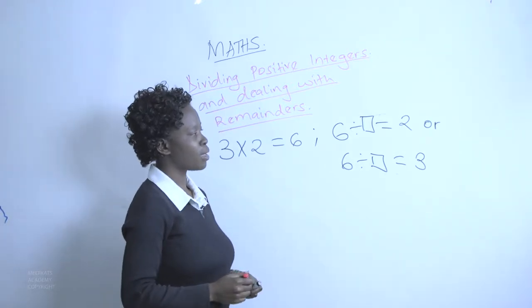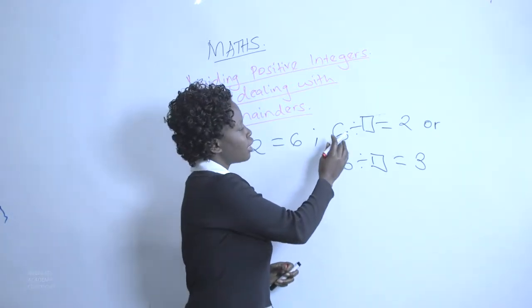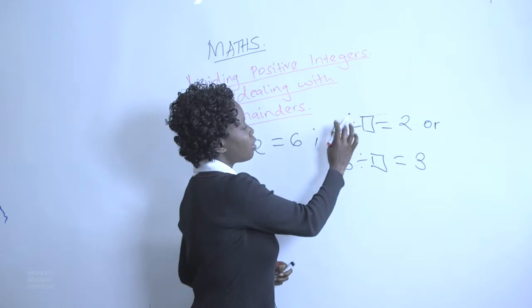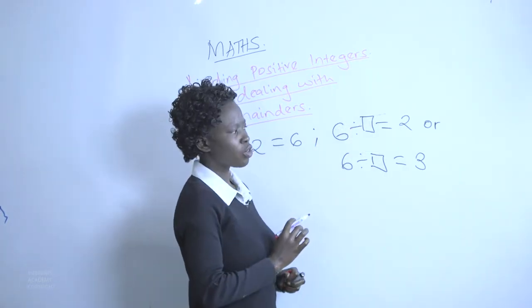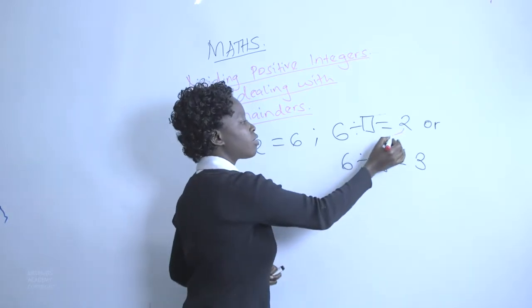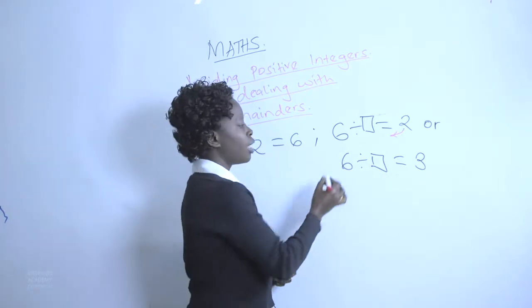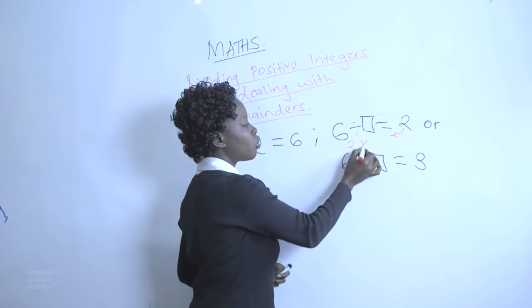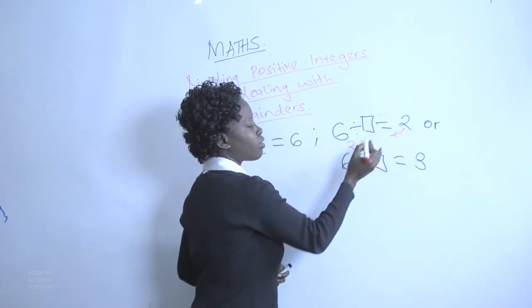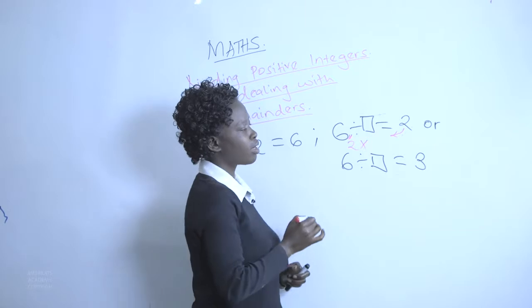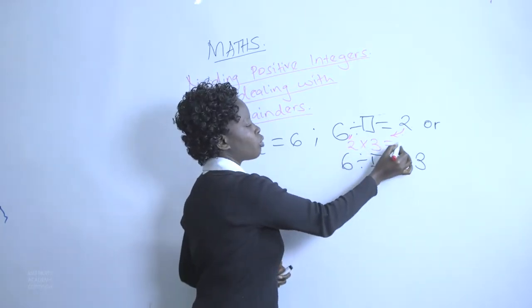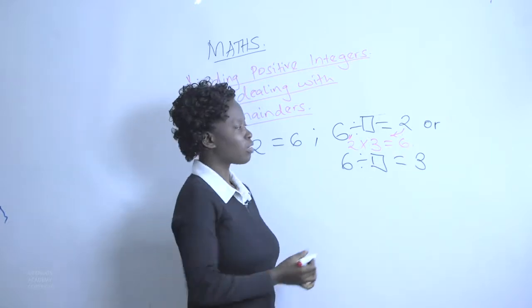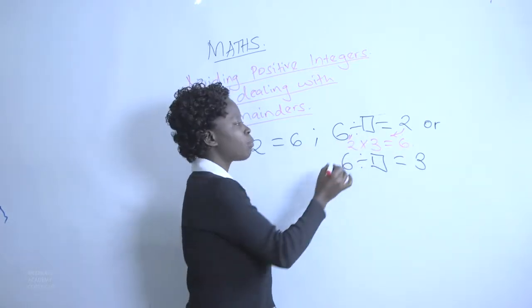So what number can divide 6 so that I get 2? What question am I asking myself? For this 2 to be obtained, it means that to obtain the 6, I have 2 multiplied by 3, which will give me 6. So it means this missing digit is simply 3.